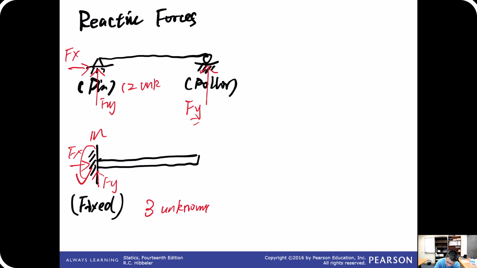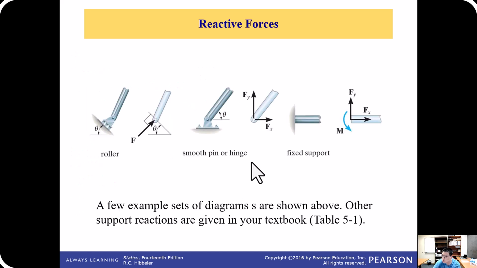For a roller, it has 1 unknown. So for a rigid body, we have 3 equations of equilibrium. We can solve at the most 3 unknowns. Here is the figure showing all the reactive forces. Here is a roller. It has only 1 force. Pin or hinge has 2. Fixed support has 3.